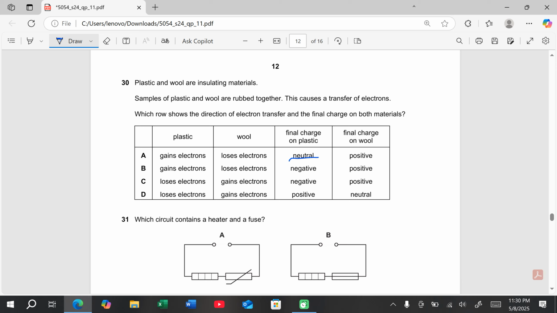When it has gained electrons, how can it be neutral? B gains electrons, loses electrons, negative because it gains electrons, yes. Loses because it is positive, yes. B is right, but let's see the other ones. Another says plastic loses electrons and gets negatively charged. That's absolutely wrong, because when you lose electrons you get positively charged. In D it says neutral on the wool, that's wrong as well, so B is the right answer.